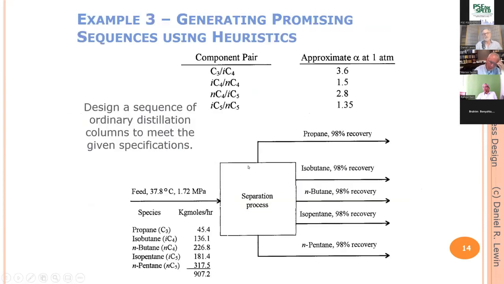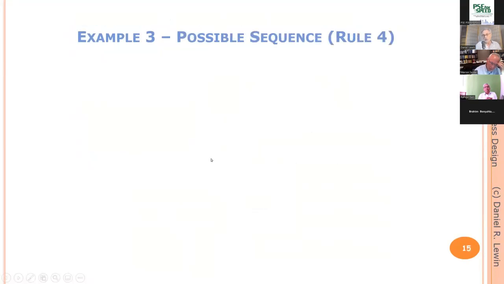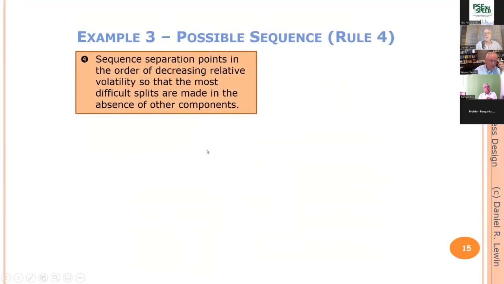This leads quite naturally to example problems presented to the students. For example, in a different problem involving only 5 components that we need to separate into 5 products, given of course that we have molar flow rates of all the components, and we can compute the relative volatilities between every component pair, we could, for example, use rule 4 that we showed previously, that is to remove the components in decreasing relative volatility.